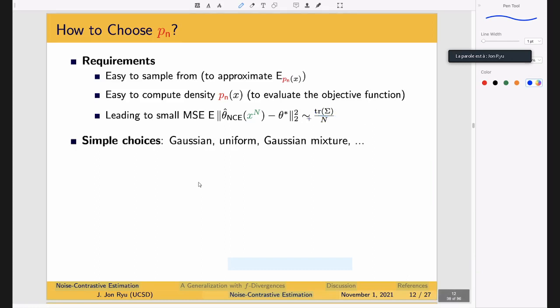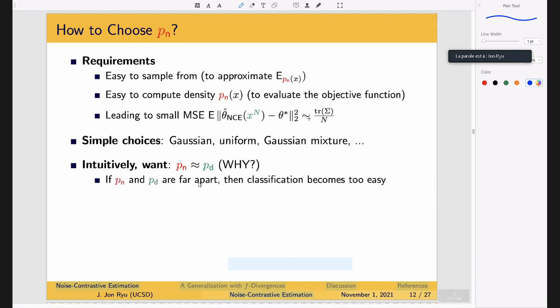Okay. So there are simple choices like Gaussian, uniform, Gaussian mixture, and so on. But oftentimes these are not very satisfactory, because intuitively we want the noise distribution to be close to the underlying data generating distribution. And why? Here is a hand-wavy argument. The intuition is that if the noise distribution and the data generating distribution are far apart, then the hypothetical classification problem becomes too easy.